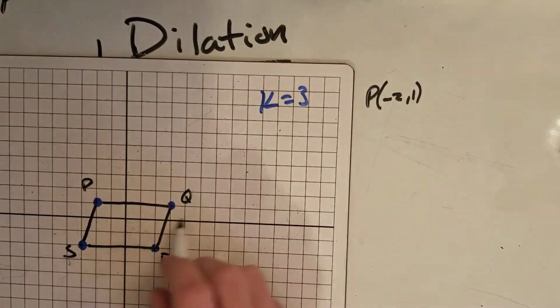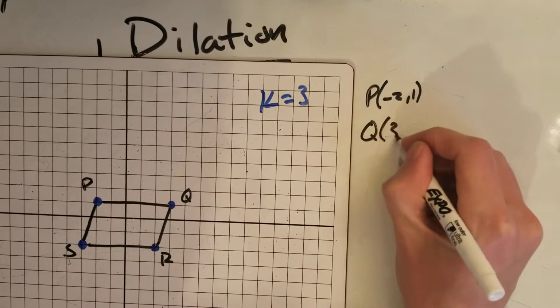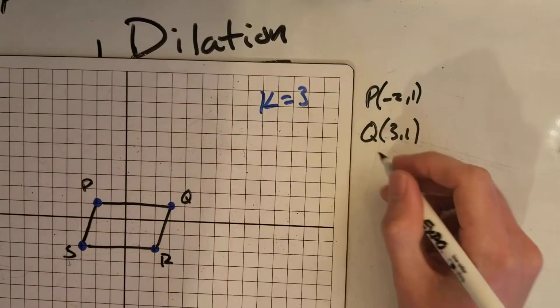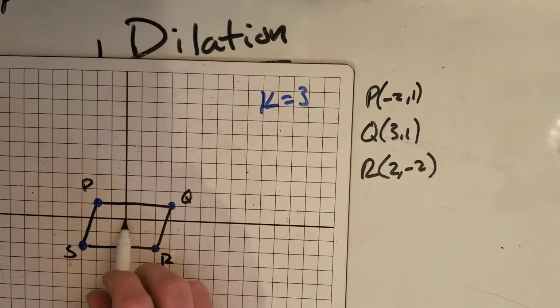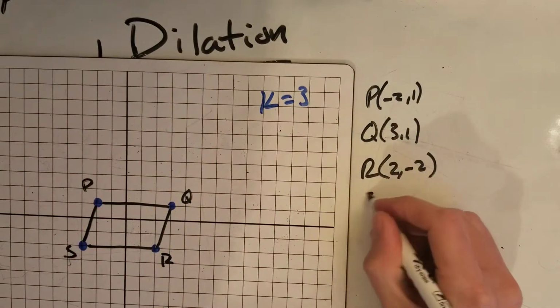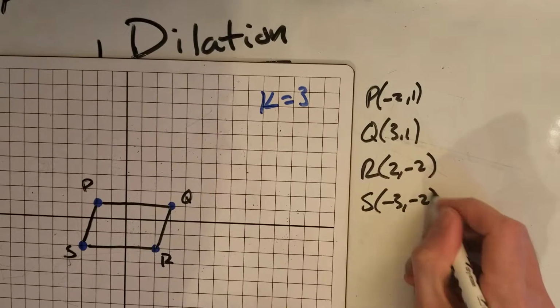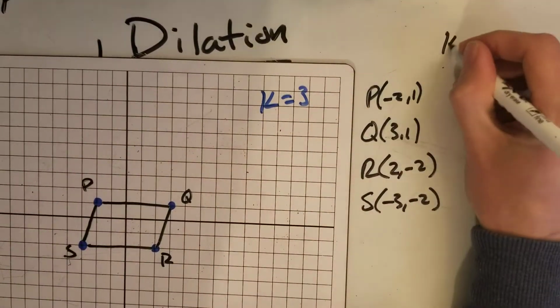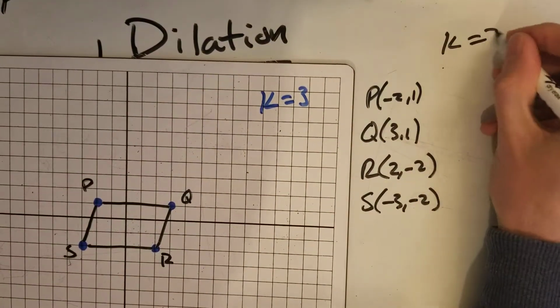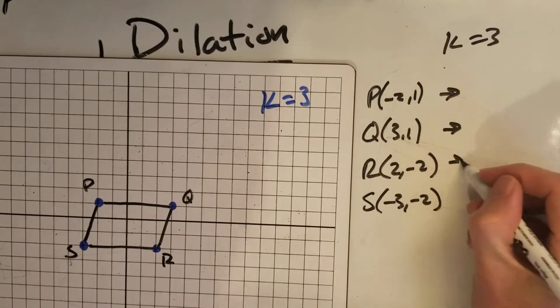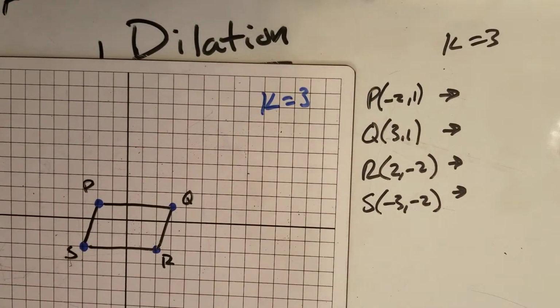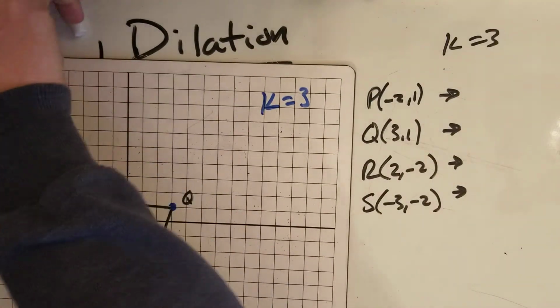Q is 3, 1. R is 2, -2. And S is -3, -2. We are changing by the scale factor of 3, so that means you're going to multiply everything by 3.